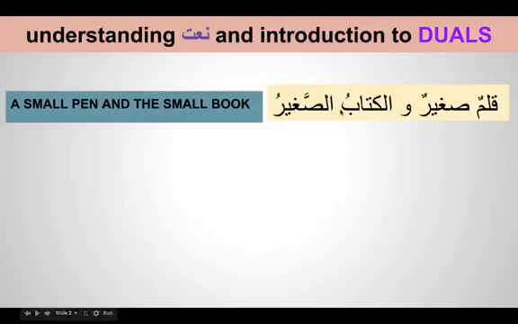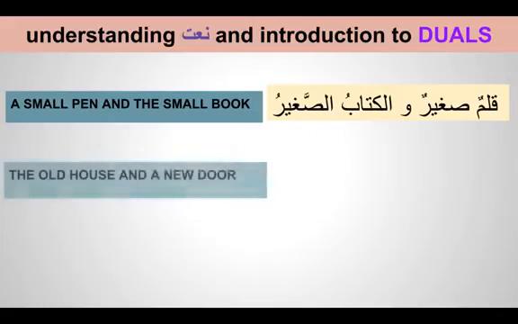If you have to make it like a sentence, if you would say pen is small, this is al qalamu saghirun, the pen is small. This will be a complete sentence, but we are just telling part of a sentence, qalamun saghirun wal kitabu saghiru. So if I give another example, the old house and a new door.